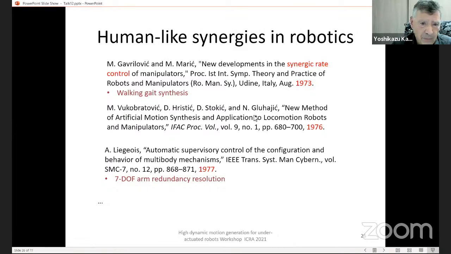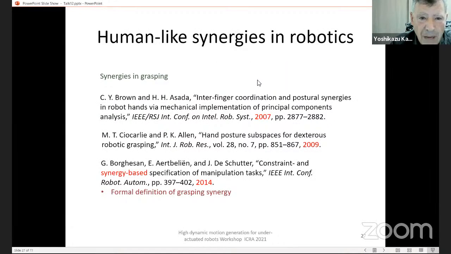Also in the 70s, later in my studies in redundancy, I referred to the paper of Alain Liégeois in France, who was talking about synergy when resolving the redundancy of a 7 degrees of freedom arm. So in the 70s there was some talk about synergies, but then there was nothing.